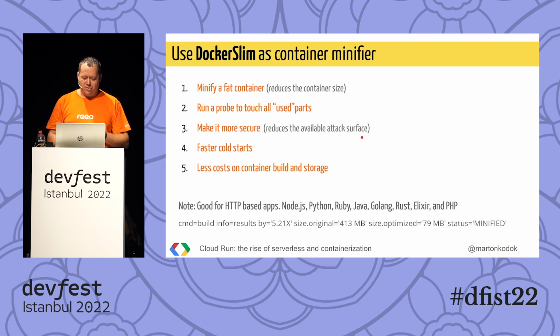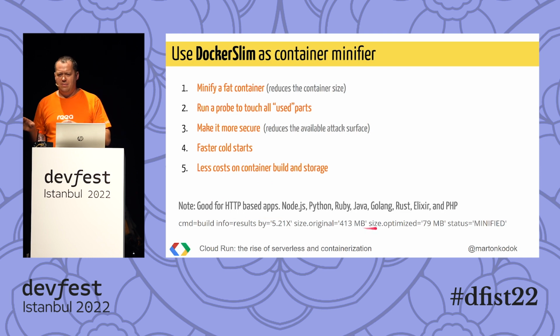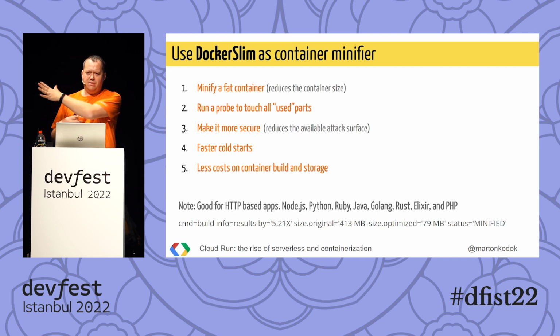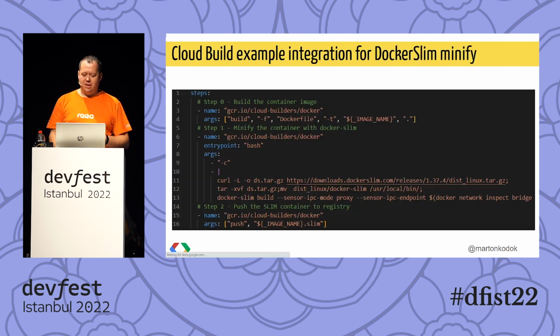I tried it out on, I think, a PHP app, and from 400 it reduced to 79. Why is it important? Because it can spawn containers much faster. It doesn't need to wait on loading 2 gigabytes of information.